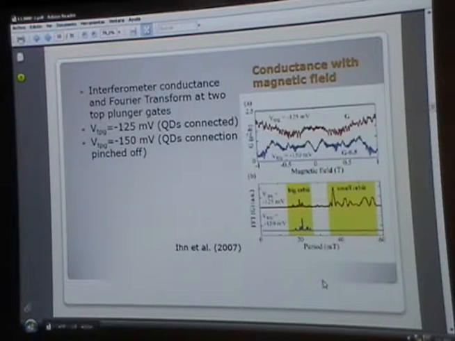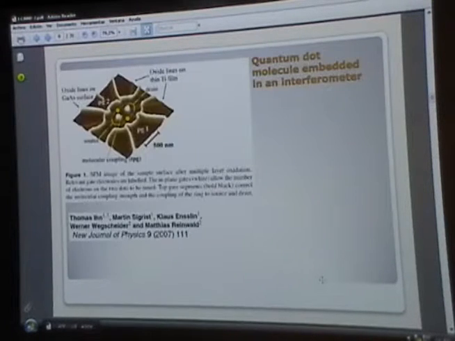In this paper, it is proposed that the big orbit corresponds to this path, this circle without the channel between the two quantum dots, and the small orbit is at half of the big orbit.